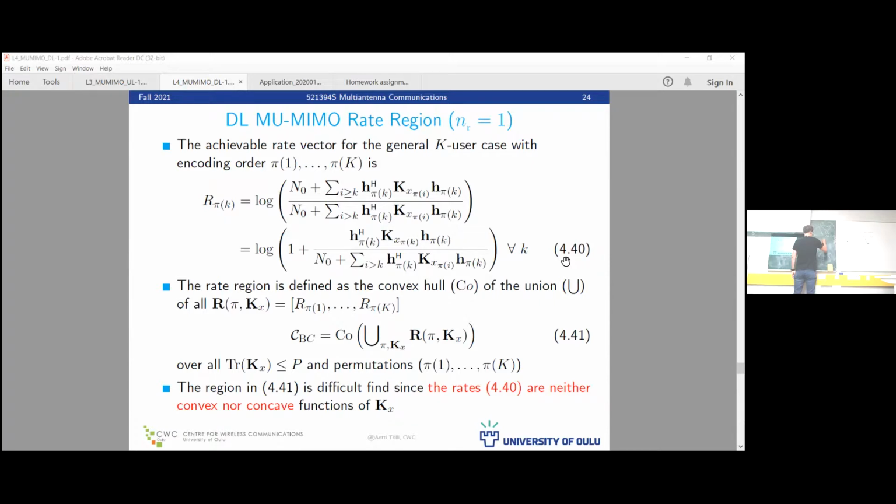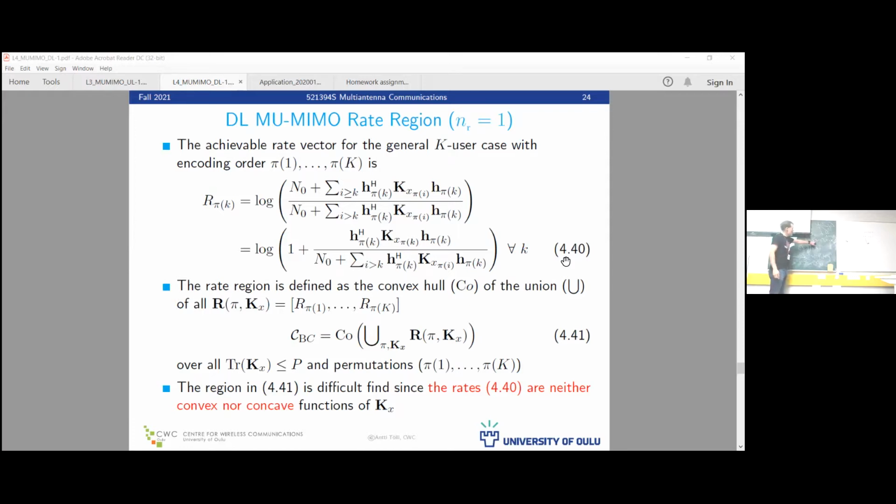And then we have all the interferers, xi, i larger than k. Right. Okay, this is the signal model.